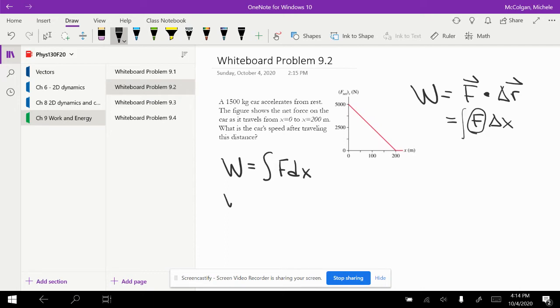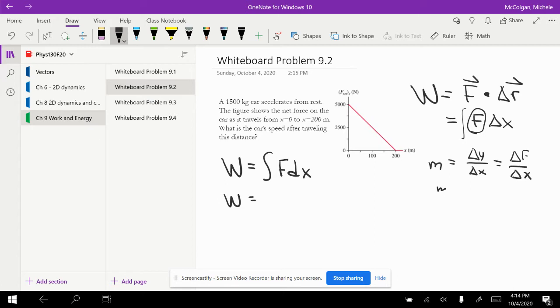Okay, so W is equal to, now if I look at this graph, it's a line, and it's a line with a negative slope. So if we figure out the slope, M is equal to the change in y over the change in x for any graph. In this case, it's going to be the change in F over the change in x.